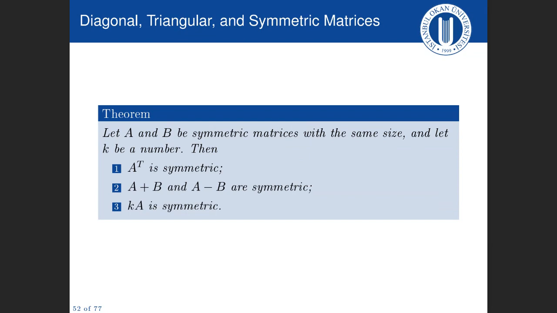They need to be square matrices, so let's suppose they're both n by n square matrices. And let k be a number. Then A transpose is symmetric. A plus B and A minus B are symmetric, and k multiplied by A is symmetric. I'm going to leave these for you to prove.